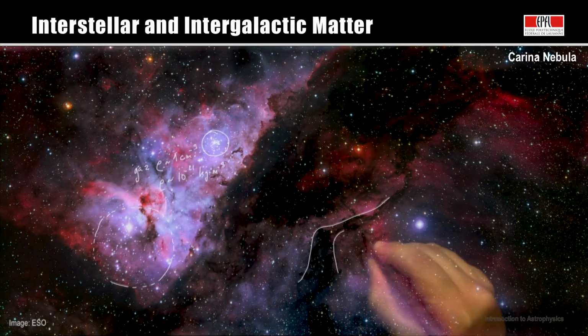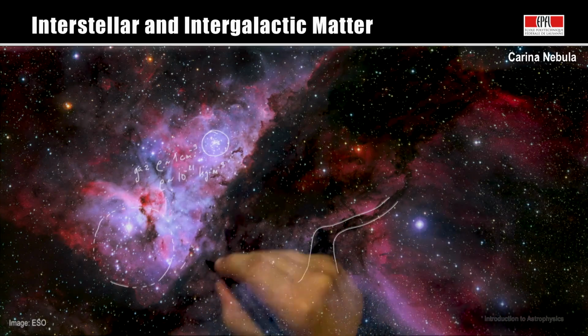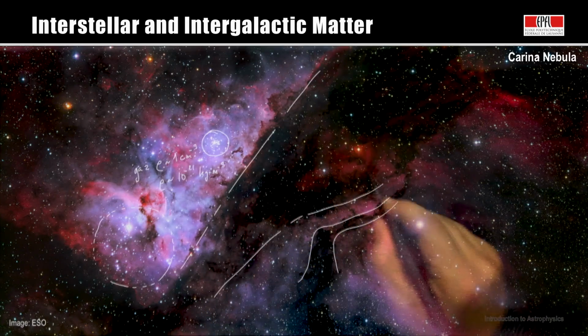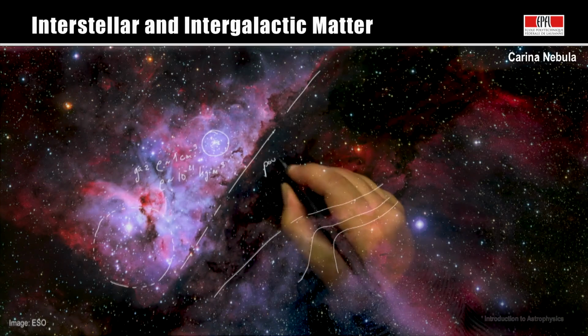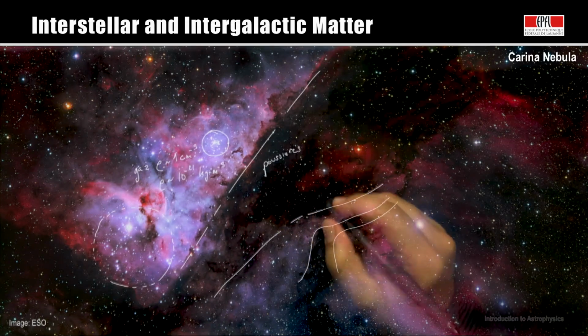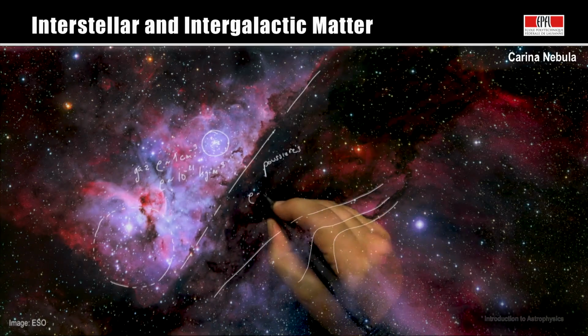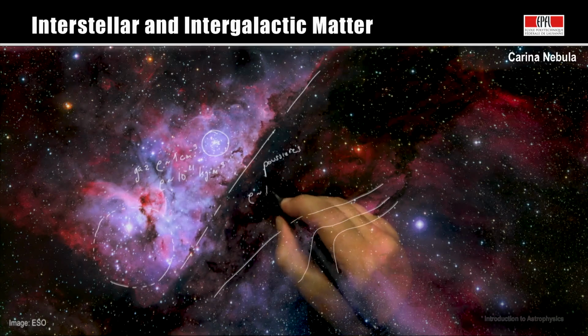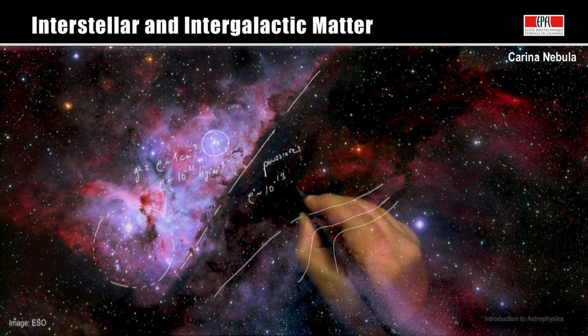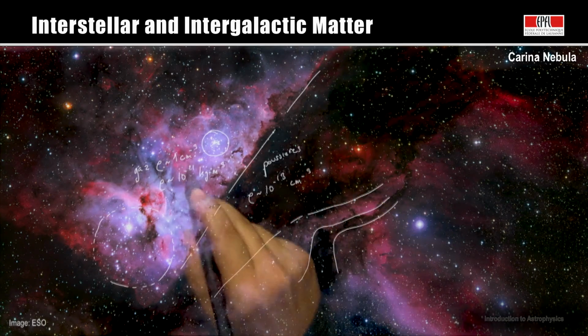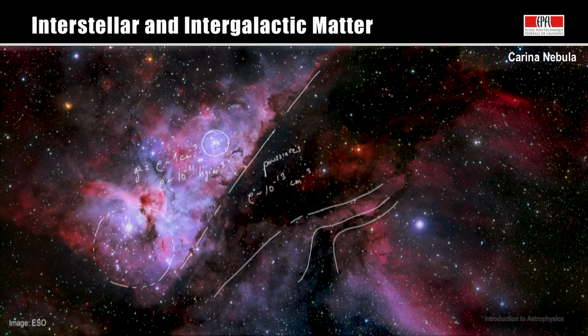We find also dusty regions, similar to those shown before in the spiral galaxy. Dust absorbs radiation. In fact, this whole region is affected by dust absorption. Mass densities in this kind of region are even lower, about 10^-13 particles per centimeter cubed, which is 10^13 times smaller than the gas density.